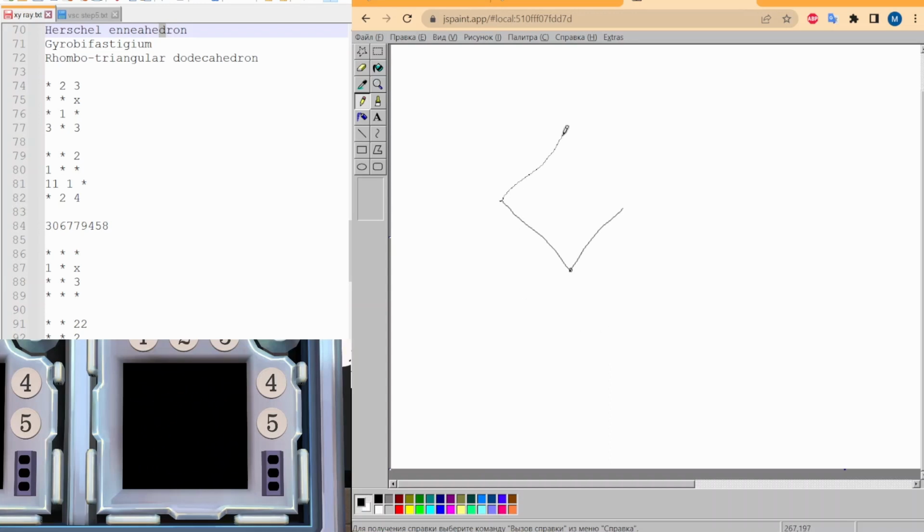So it went into a big square. It went these ways, and then those vertices turned and formed a square.